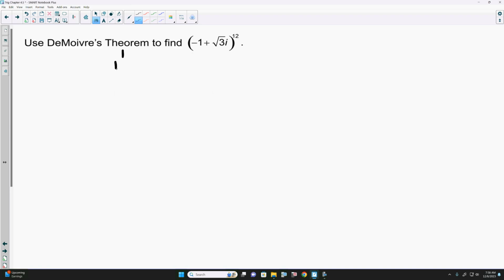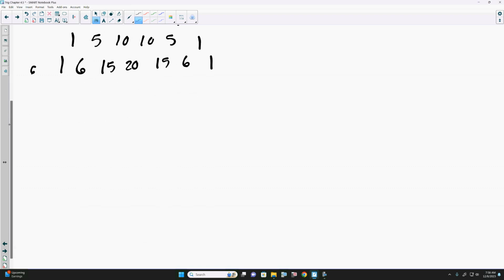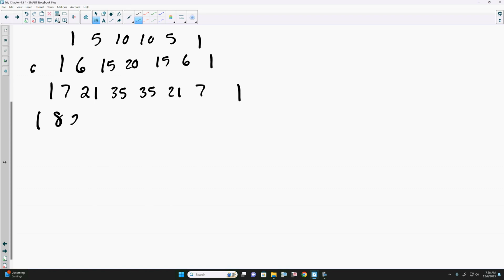Well, to get there, because there's squared, cubed, fourth, fifth, sixth, seventh, eighth. Well, I already committed to this.